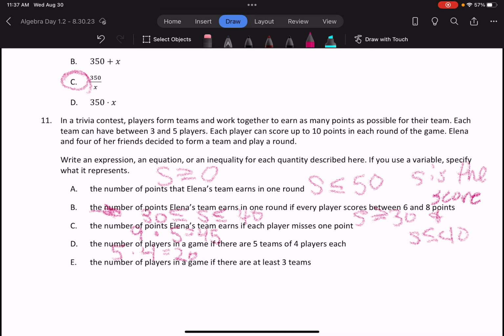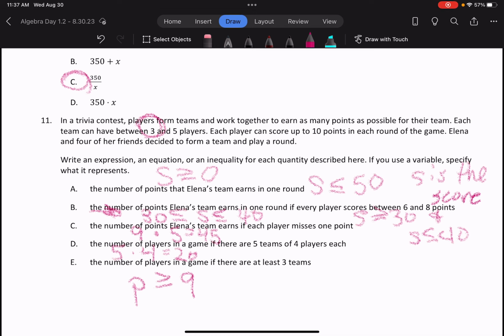And letter E, the number of players in a game if there are at least 3 teams. So if there are at least 3 teams and the minimum number of people is 3, then the number of players we'll represent with P has to be greater than or equal to 9. Now, could it be less than that? Yes, absolutely. But if there are at least 3 teams, then we could have players that are greater than or equal to the number of 9.